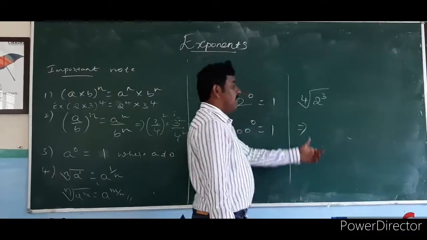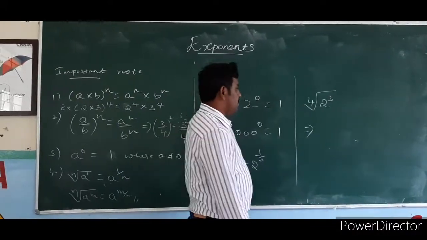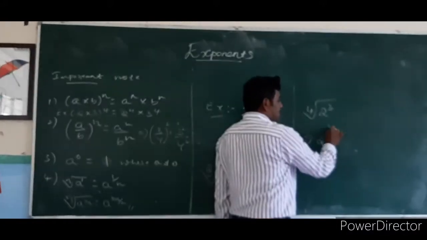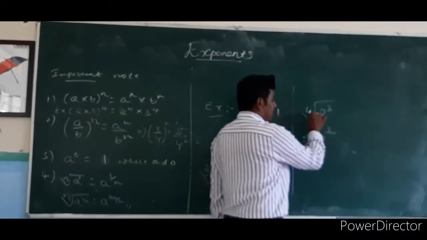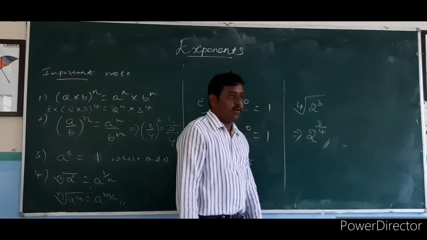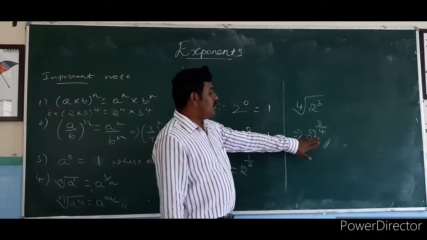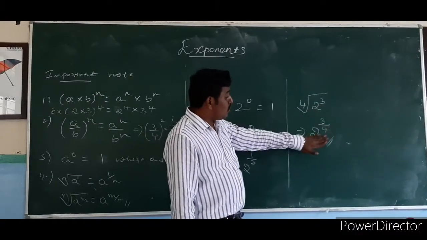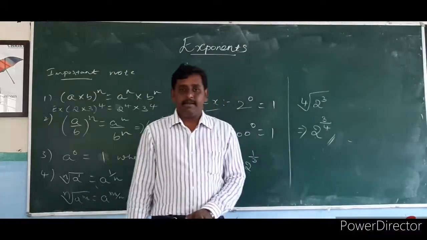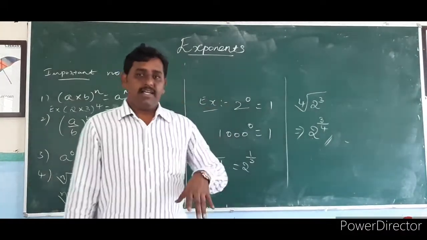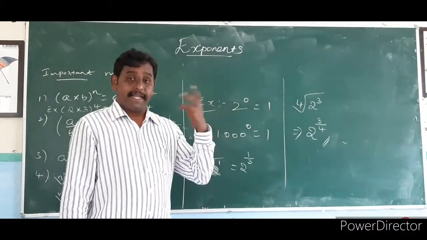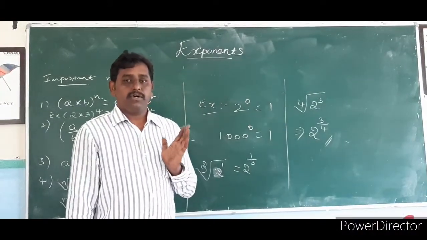We can convert into exponential form: first write 2, 3 will come in the numerator, and this 4 will come in the denominator. That is 2 to the power of 3 by 4. While writing, it should be clear, otherwise it will create confusion. If you make one mistake, the entire problem will go wrong.